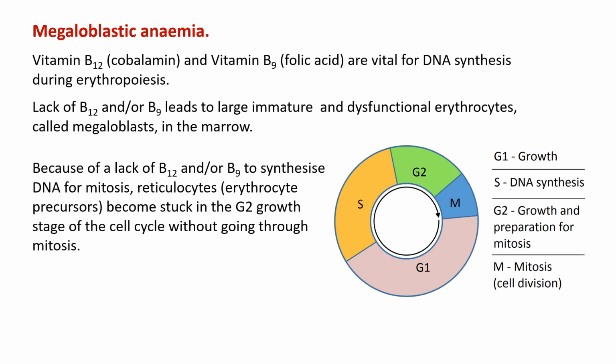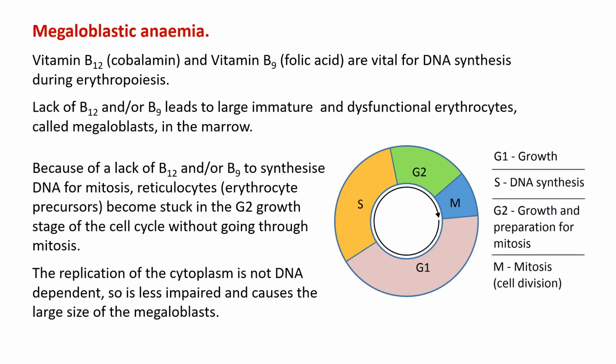So these erythrocyte precursors, these reticulocytes, become stuck in the G2 growth stage of the cell cycle. They get stuck here and then they can't go through with mitosis. They've already replicated the organelles, everything that they need to make another cell apart from the DNA.